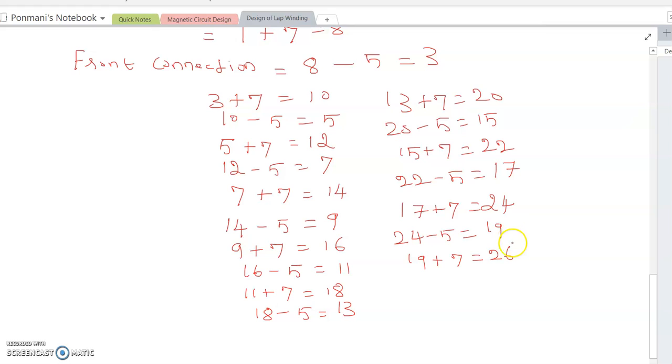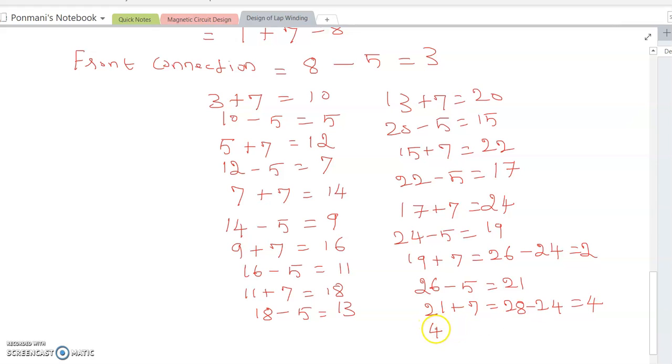But it is 24 only, so we have to subtract 24, which is equal to 2. Then 26 minus 5 is equal to 21. 21 plus 7 is equal to 28. So minus 24 is equal to 4. We have to end with 1.